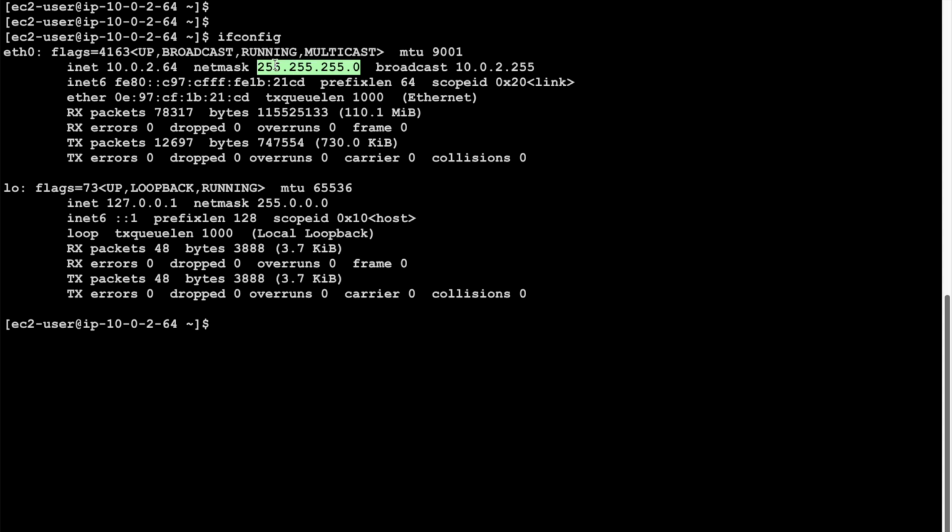It means all 8 bits of the first 3 octets are filled. This implies that 10.0.2 belongs to the network address. So the network address would be 10.0.2.0/24, because the initial 24 bits belong to the network. That's what the IP address and the netmask combined signify.